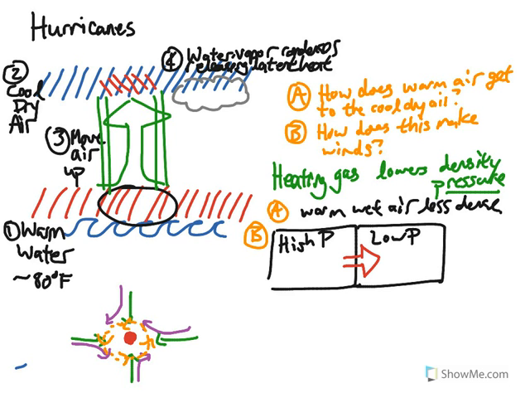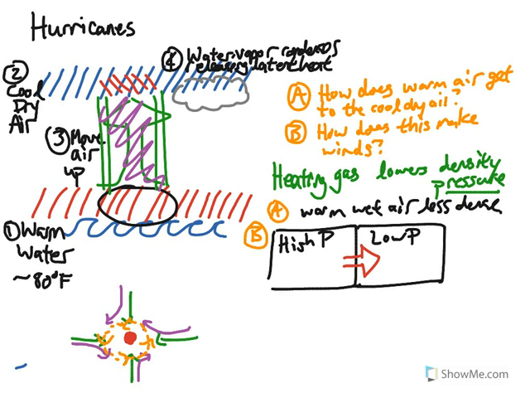Let me just review this really quick. You start with this column over here of warm, wet air. Because the air is warm, it is less dense, and so it rises up into the cool, dry atmosphere, and it perpetuates itself because it's bringing all of this water vapor higher into the atmosphere, where the water then condenses into clouds.